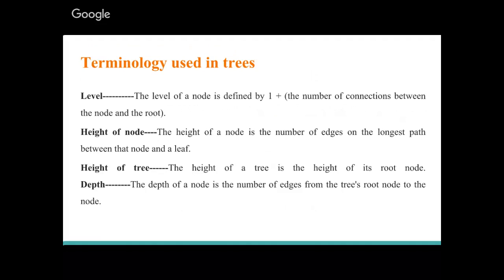Height of tree is the height of its root node. So when you calculate the height of root node, you get the height of the tree. Depth of a node is the number of edges from the tree's root node. So when you calculate height, you take it from the leaf node, but when you calculate depth, you take it from the root node. Okay?